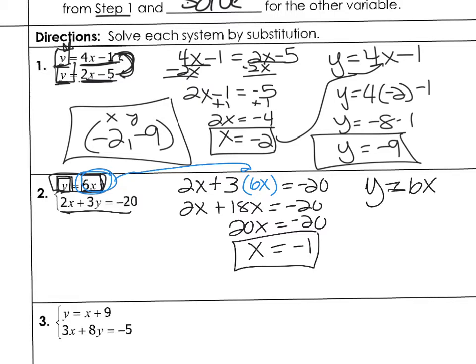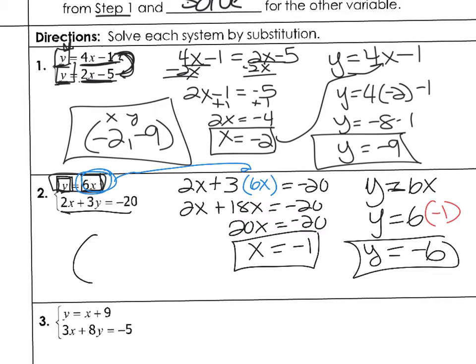And this time we're going to substitute the x with the solution I just got. So we come up with y equals -6. Okay, so my solution is the ordered pair -1, -6.